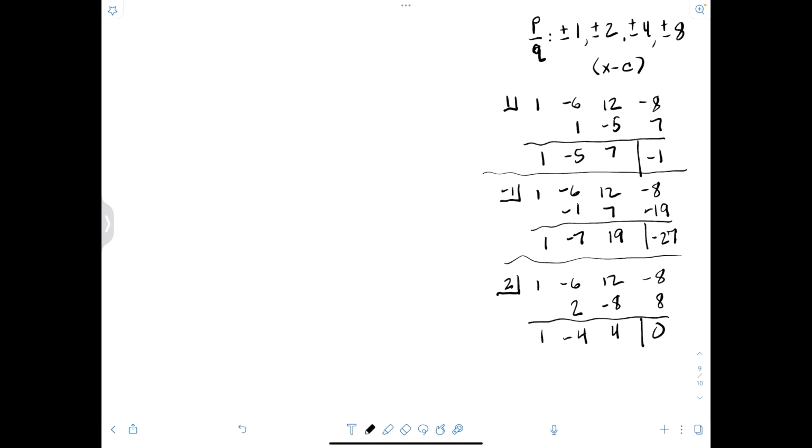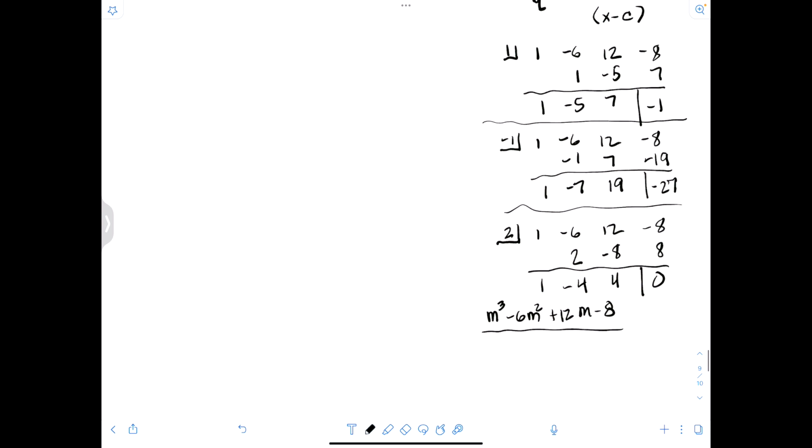We found that m cubed minus 6m squared plus 12m minus 8 divided by m minus 2 is equal to, the degree goes down by 1, so you'd have m squared minus 4m plus 4.